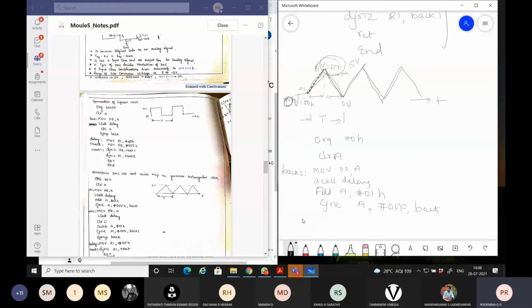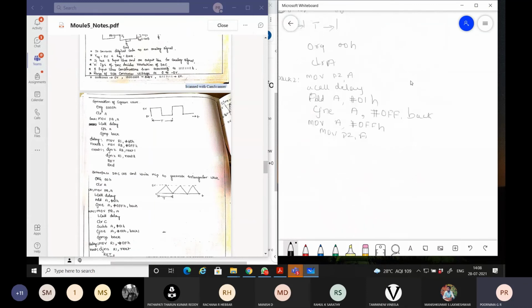Next, the backward slope, how do we get? For that, which is the starting value? FF. So therefore what we have to do: move A comma hash 0FFH. This value has to go to port 2. Move this value to port 2. And after giving it to port 2, next you have to give FE.